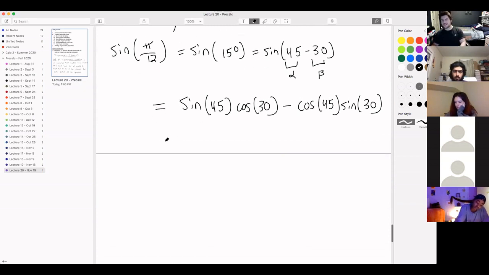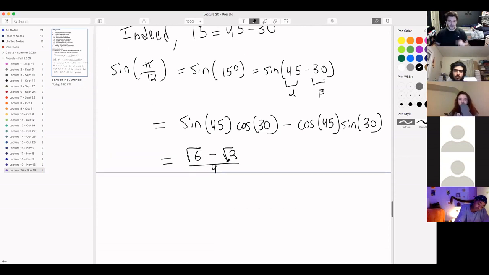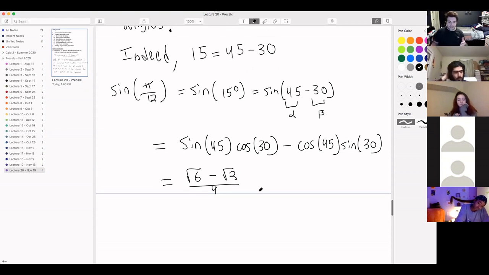And you actually get the same answer as the previous example. So this will be root 6 minus root 2 over 4. Same answer. All right, so any questions on the strategy, on the thought process, on anything.